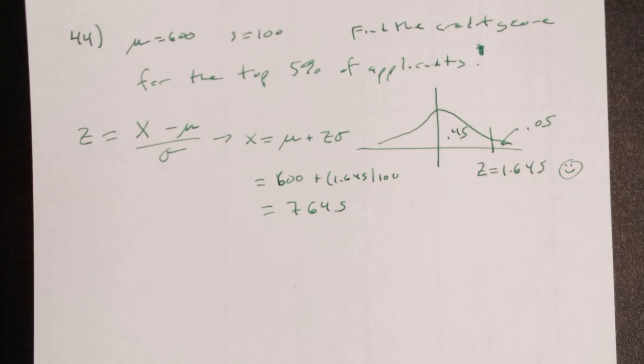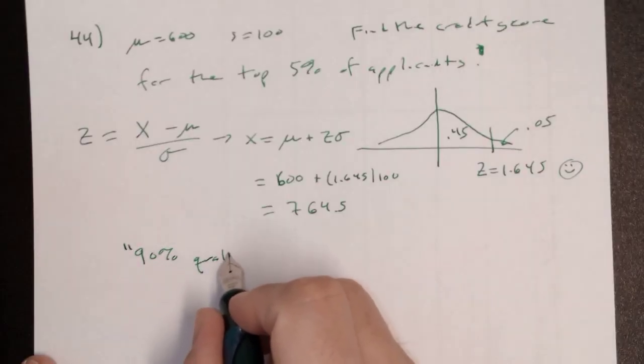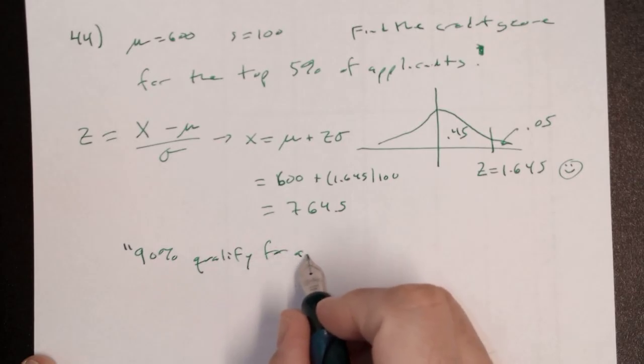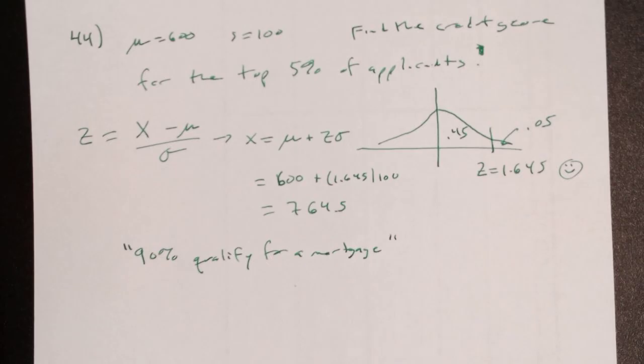This particular mortgage company has a commercial that says 90% of our customers qualify for a mortgage. So to not qualify, your score has to be low.